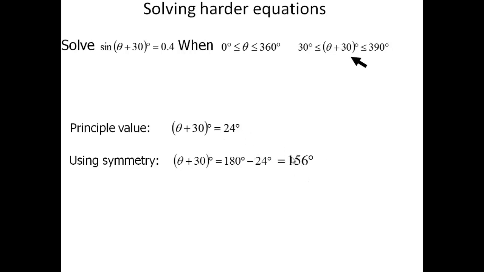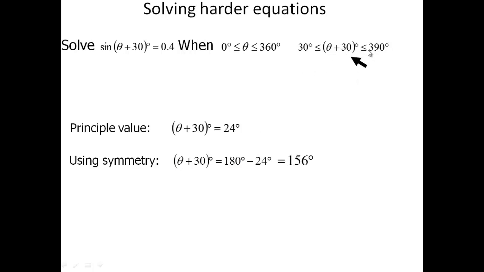We've now got 2 values, one outside the range and one inside, but to find further values we still follow the same process of adding or subtracting 360. Well, although 24 falls outside, if we add 360 to 24, you can see it will be less than 390, it'll be 384, so that will fit in.